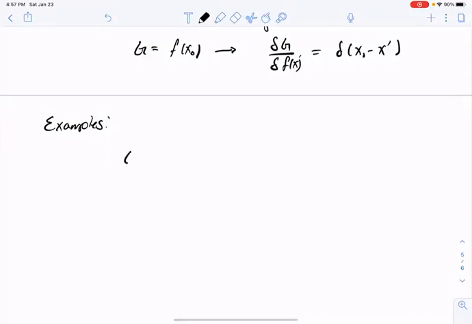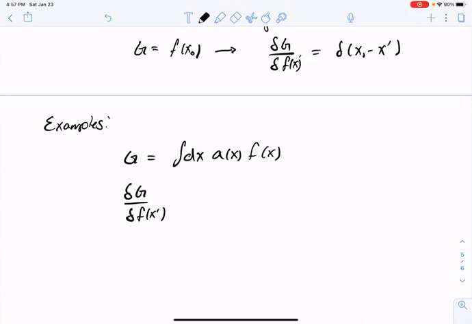Imagine I have the functional g, which is written as an integral over x, a of x times f at x. The derivative of g with respect to f at x prime is going to be the integral over x.